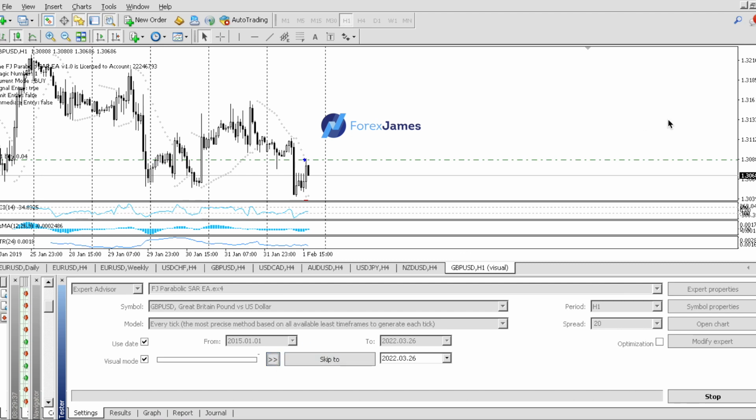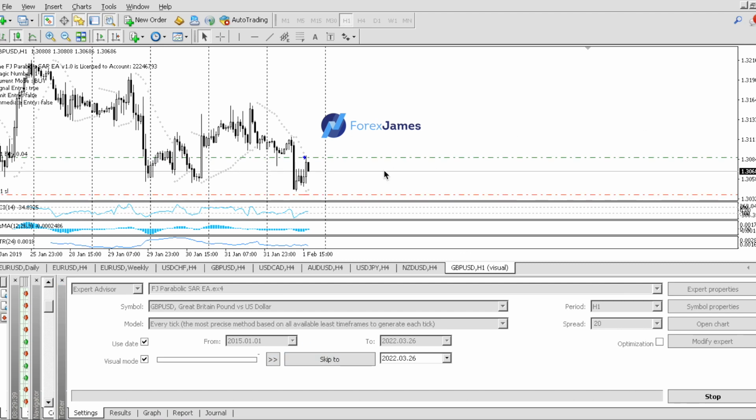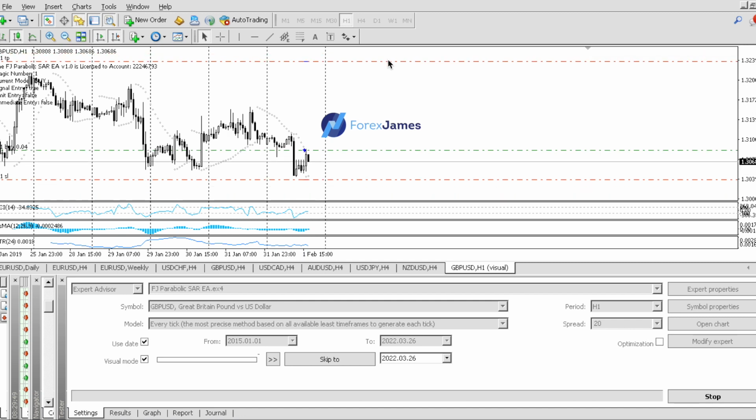There you go. We're long here. Stop loss placed below the last 10 bars low. And this is 3 to 1. About 50, 150. This is a buy for a signal entry mode.